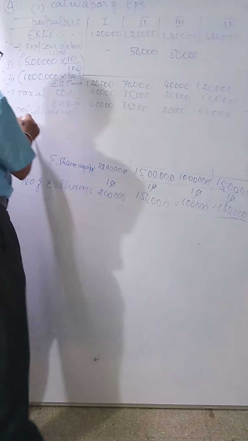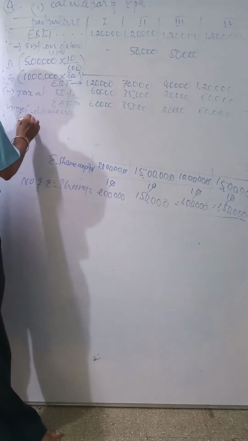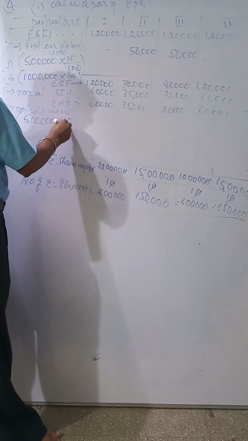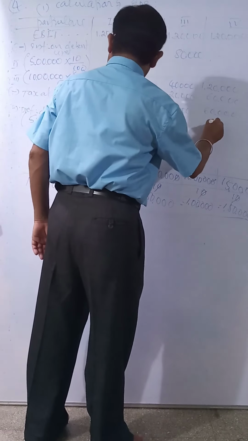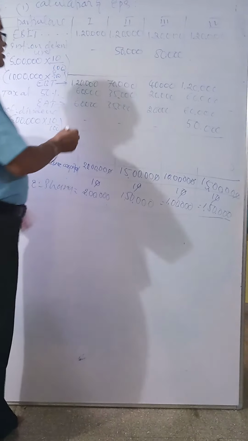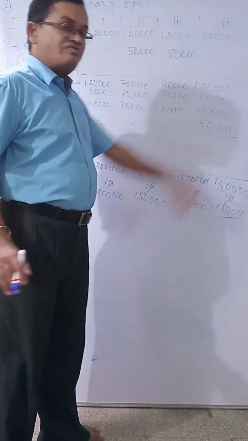That preference dividend: 10% preference 5 lakh into 10 divided by 100, that is 50,000. You write it in the fourth column only. Preference is given only in the fourth plan, not in the others.